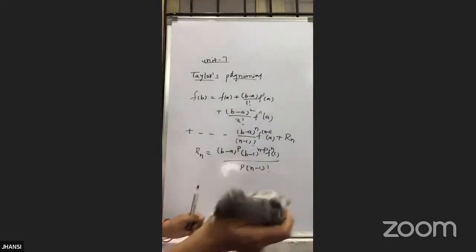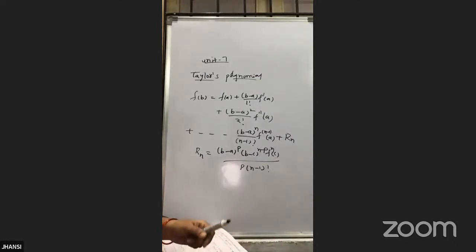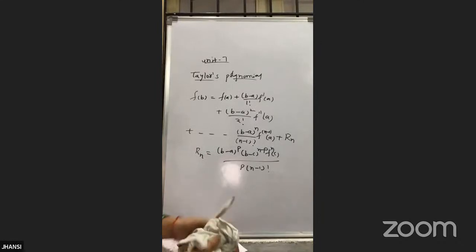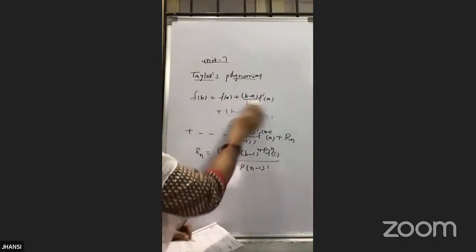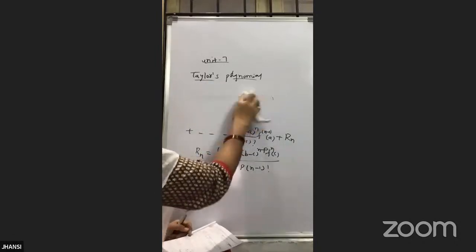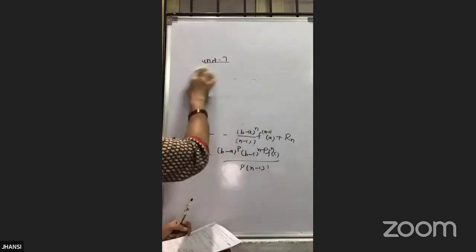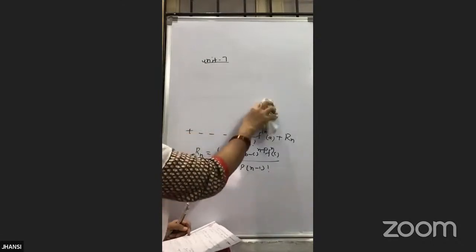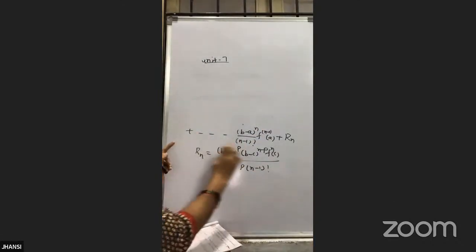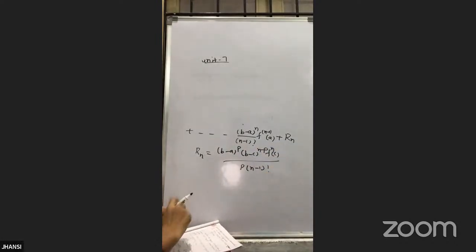So you may get an objective type of question, or else a problem will be given. One of the functions will be given. From that function, you have to expand it in the form of Taylor's theorem, then find the Lagrange's remainder and also Cauchy's remainder. So the main important thing is if you know the Rn value.